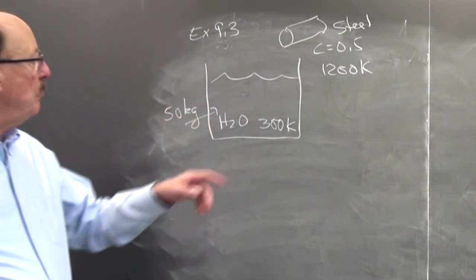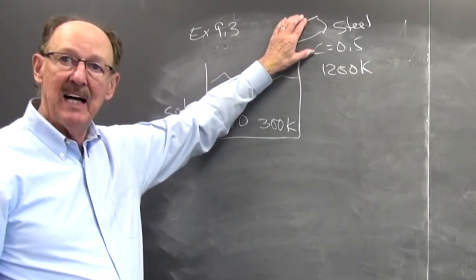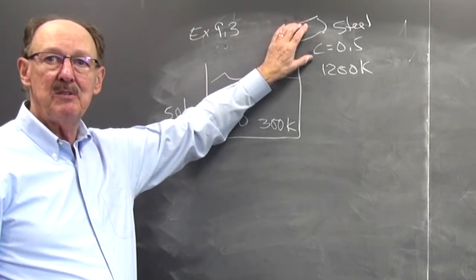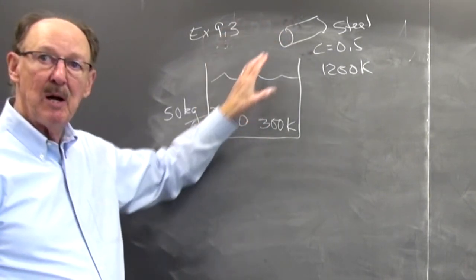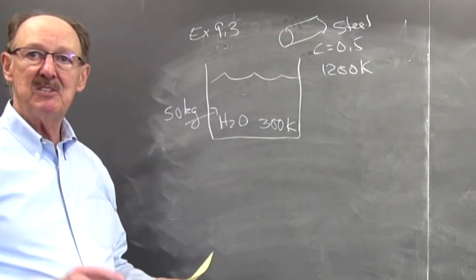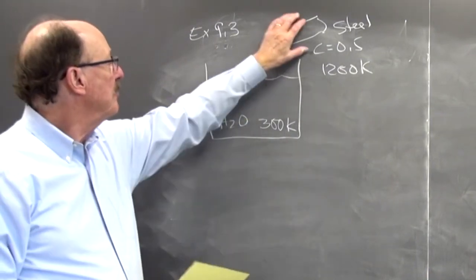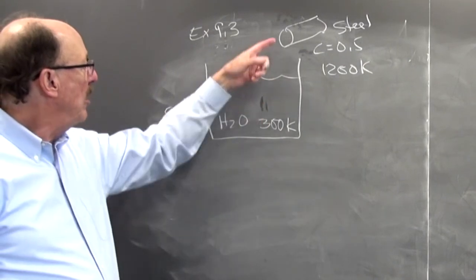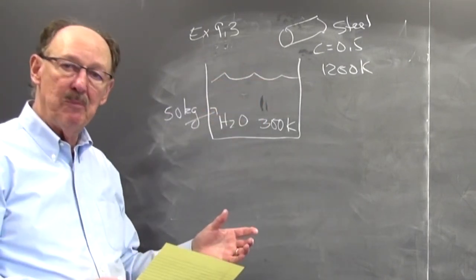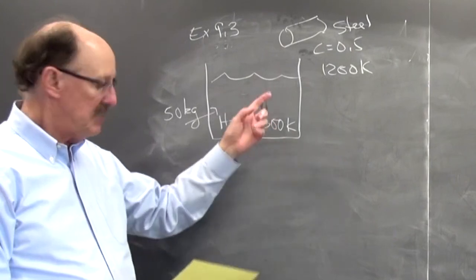So basically what's happening is I take this steel that's hot, it's quenching, and you can change its properties. So you do this if you want to make steel more rigid. So anyway, I take this hot steel, plunk it in the water. The water and steel will reach thermal equilibrium, and they'll both be at the same temperature.